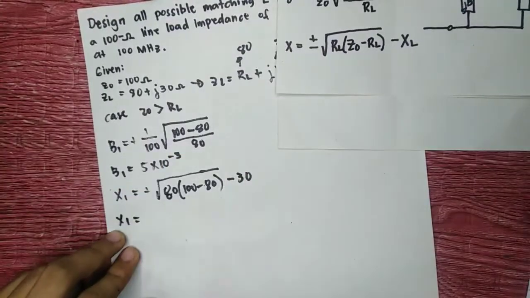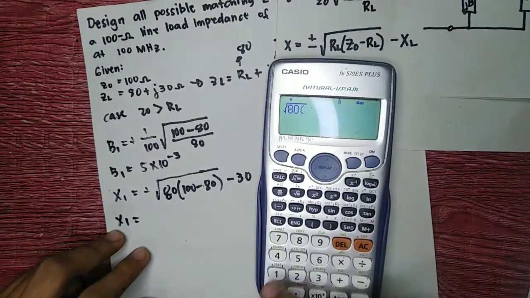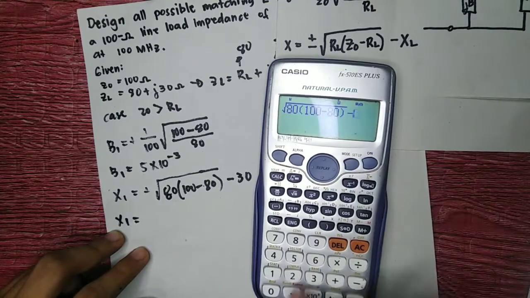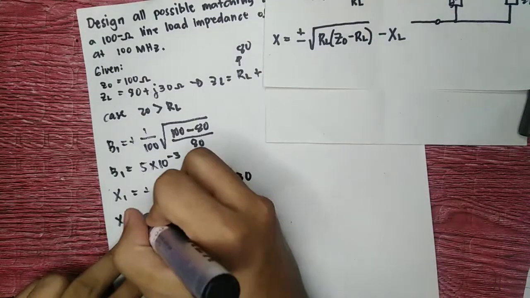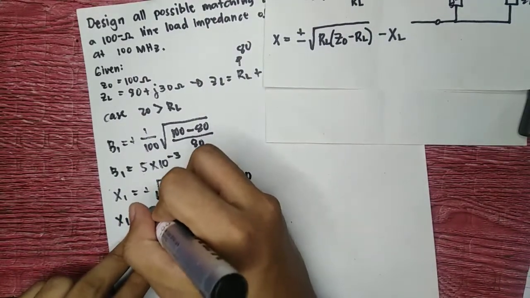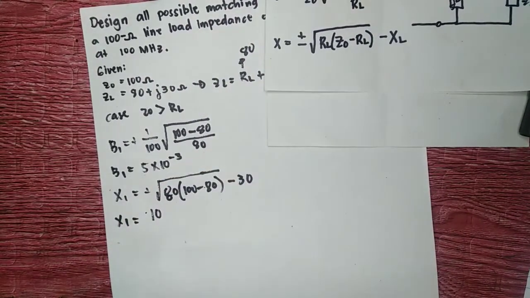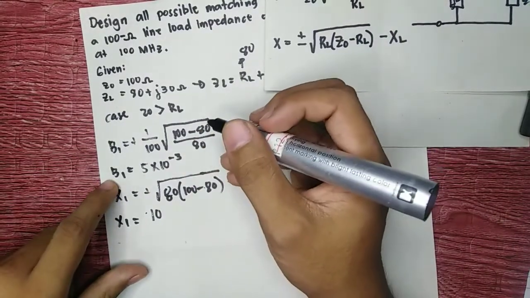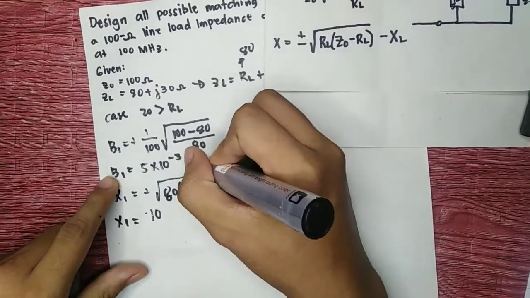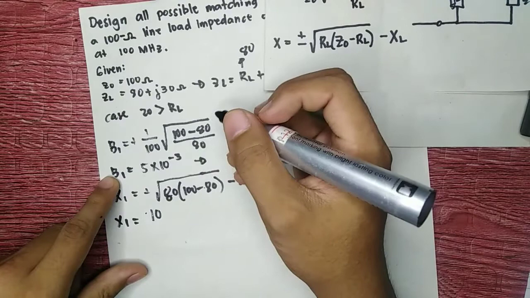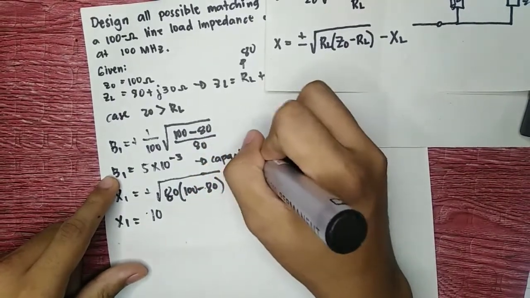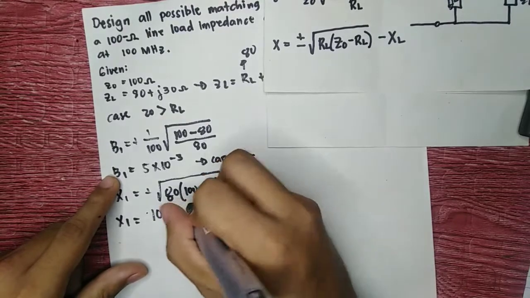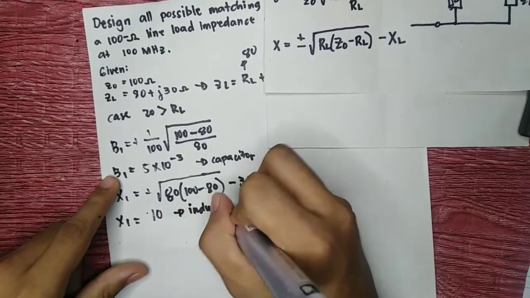So X1 is 10. So when B is positive, we have here a capacitor, and this one will be our inductor.